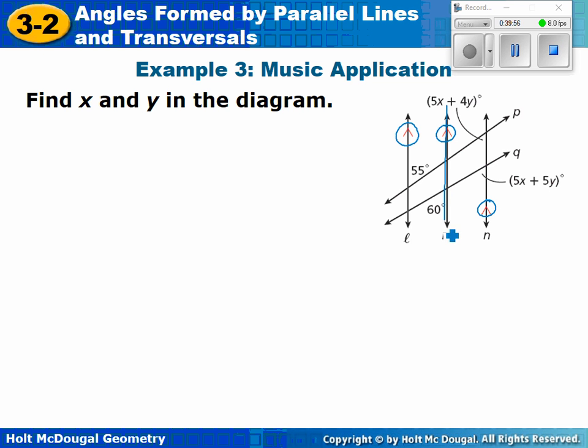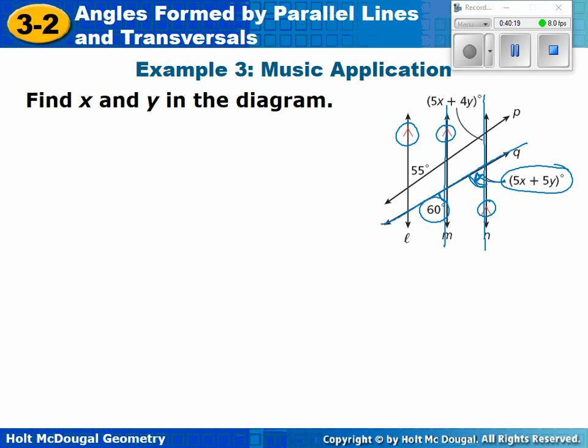Starting with these two lines and this transversal. And when these pictures get a little crazy like this, you're going to have to try to pick out just part of it. So these two lines and this transversal. Look at this angle and the other angle that's in that picture. They're pointing to this angle right here. So what kind of angles are these two angles? Corresponding.